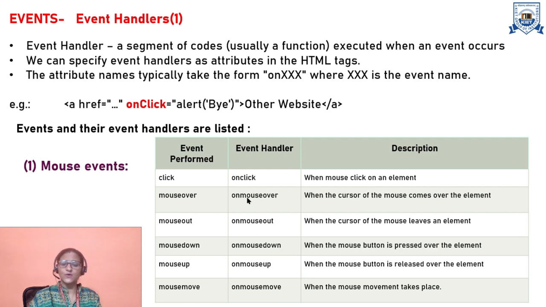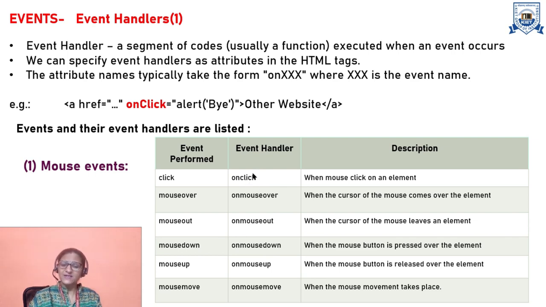Onmouseover means when the cursor of the mouse comes over the element. So on is followed by the name of the event. Click is the event. Mouse over is the event. Mouse out, mouse down, mouse up, mouse move. These are the events, and these are the event handlers.